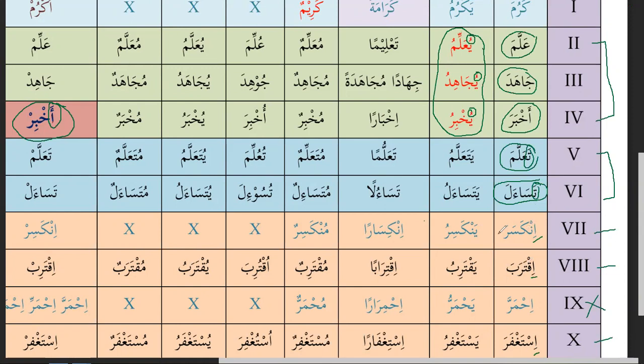Family 7 is a different color because it doesn't have any passive. We studied inkasara, then iqtaraba, and istaghfara. Inkasara yankasiru inkisaran fahuwa munkasirun, iqtaraba yaqtaribu iqtiraban fahuwa muqtaribun, istaghfara yastaghfiru istighfaran fahuwa mustaghfirun.